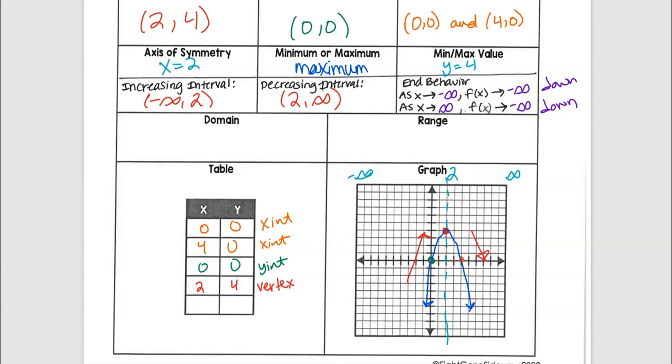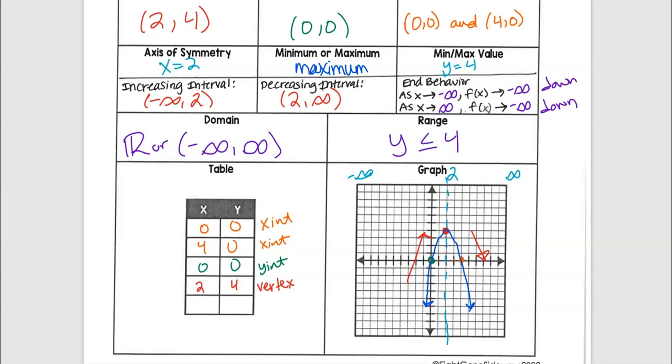Oh, yeah. So what's our domain? All real numbers. Or you can say negative to positive infinity. Either way. My range is less than or equal to 4.